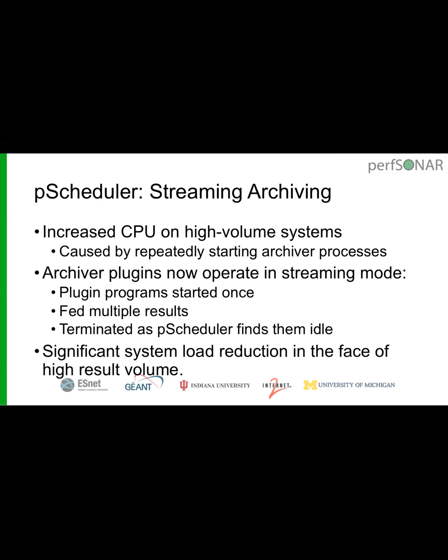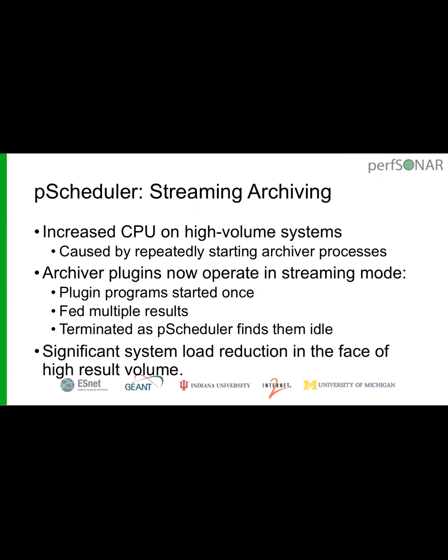What we did in this version is we've made a change, and this is entirely internal, so it shouldn't really affect anything. I think there's only one other party other than us that's writing archiver plugins, and they've already been informed of this. But archiver plugins will now operate in a streaming mode, so that pScheduler will start the programs up as they're needed. It may start more than one if there's a whole lot of demand, but each program as it lives will be fed multiple results during its lifetime.